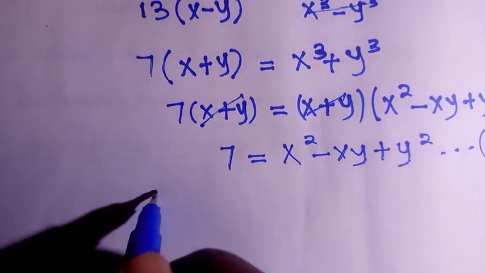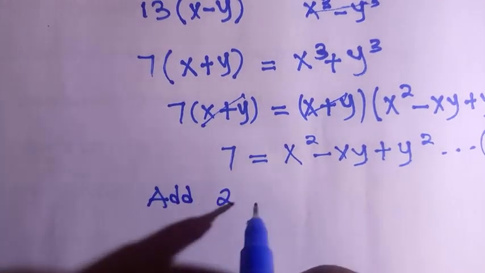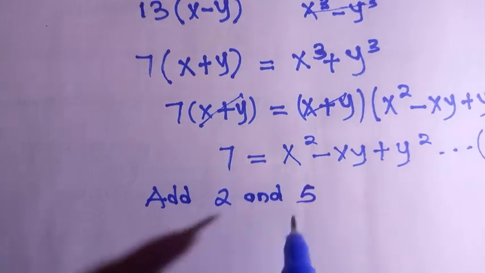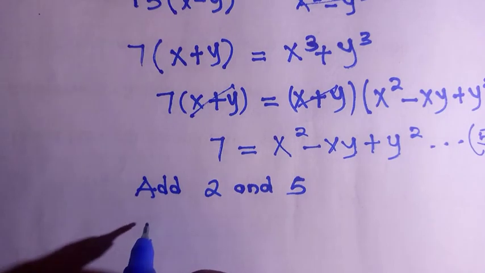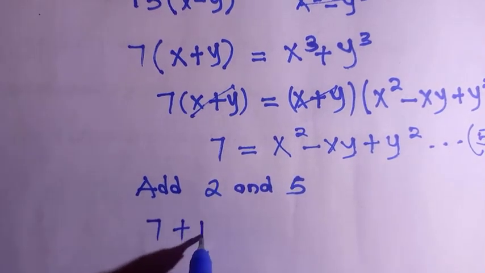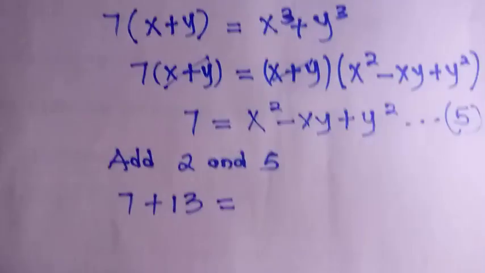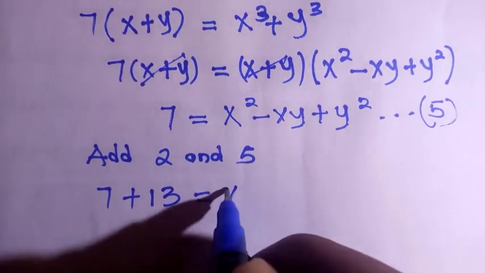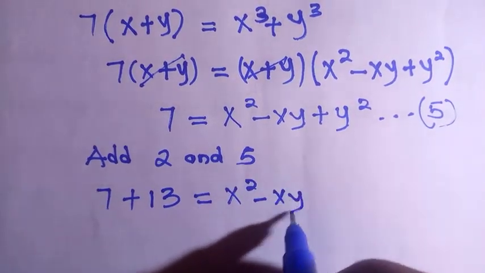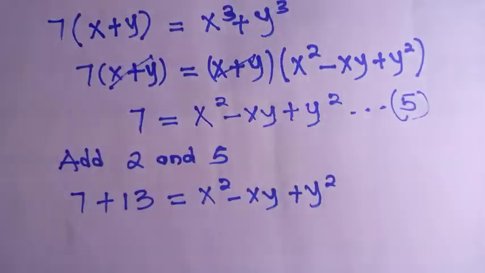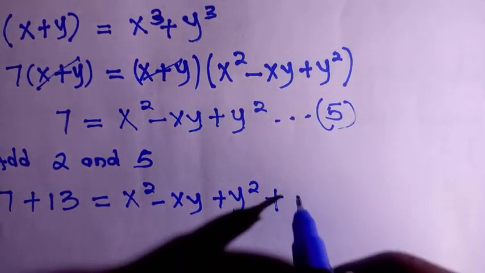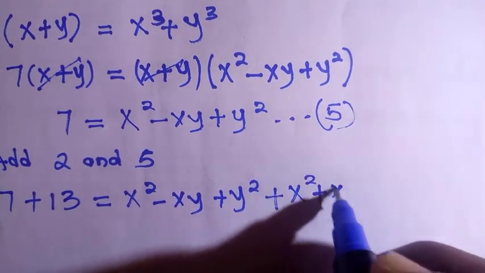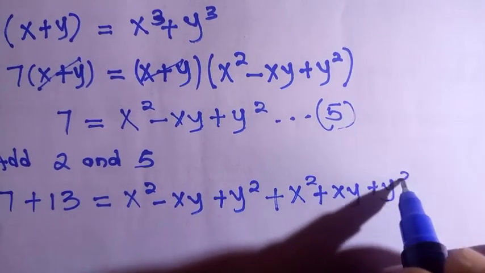The next thing we are going to do here is, if we consider equation 2, if you add equation 2 and 5 together, let me add it to make it simple. We have 7 plus 13 equals, and what you have in equation 5 is x squared minus xy plus y squared, while for equation 2, that one is x squared plus xy plus y squared.